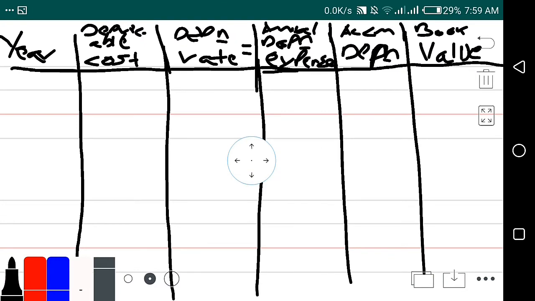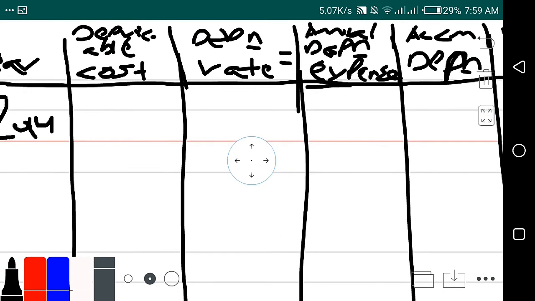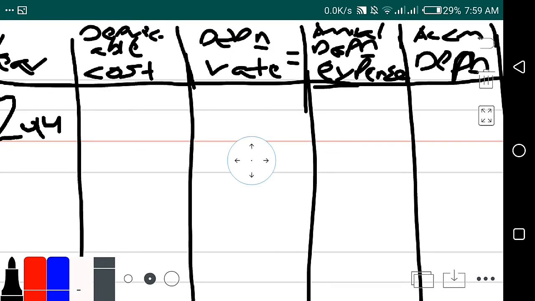So in 2040, the depreciable cost is 12,000. As we know, the depreciable cost is 12,000, or depreciable amount.